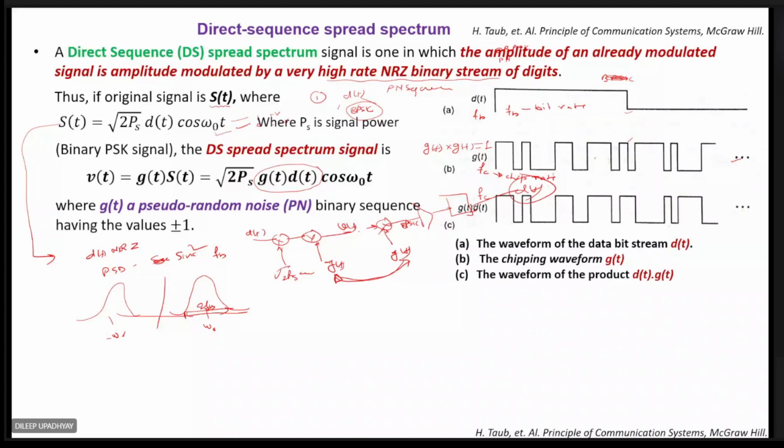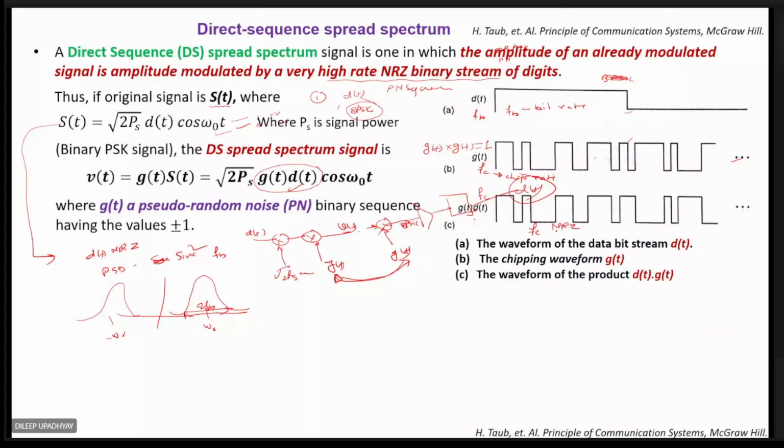Now, what will happen in this case? In this case, we have to find the power spectral density of GT into DT. And GT is nothing but again NRZ data having the chip frequency of FC, or we can say bit rate of FC.